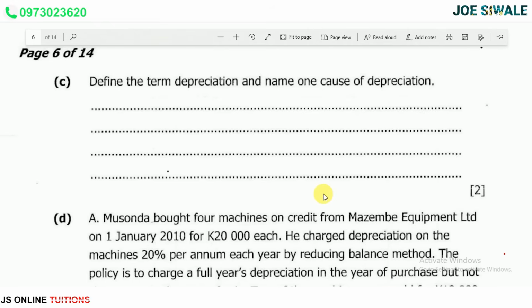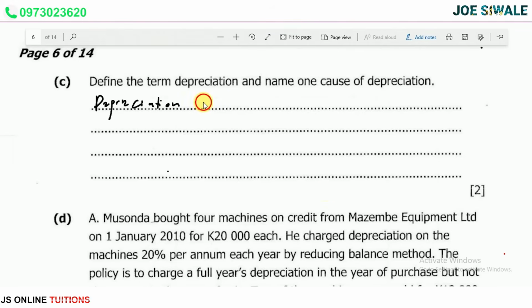So question 2C reads, define the term depreciation and name one cause of depreciation. Depreciation is the loss of value of fixed assets over a period of time. So let us write down our definition of depreciation.